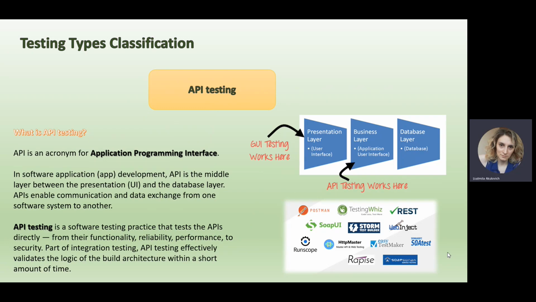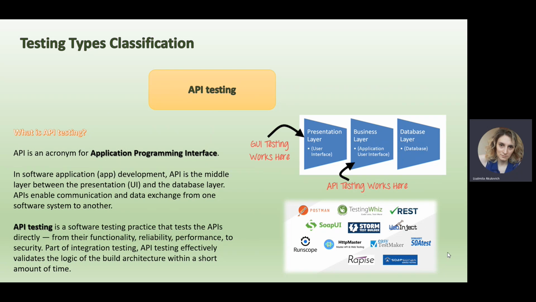One testing type that stands aside in this classification is API testing, and if you are a very beginner, I definitely will not be able to explain this type of testing to you. Maybe if you've got at least a brief understanding of what an API is, and this abbreviation stands for Application Programming Interface.